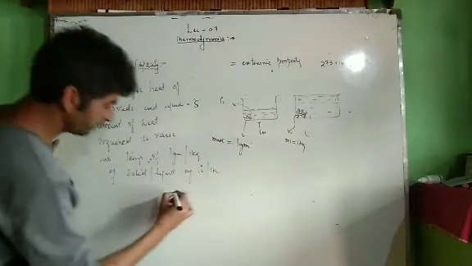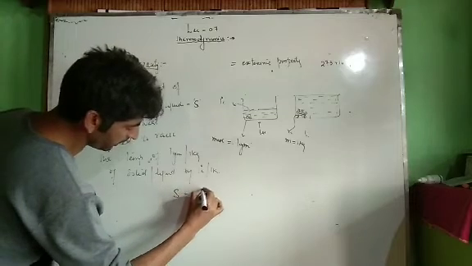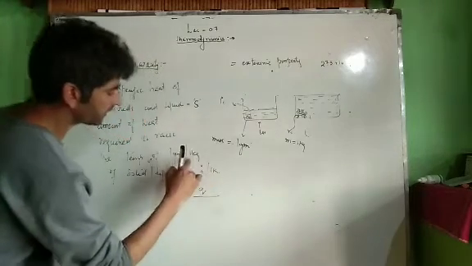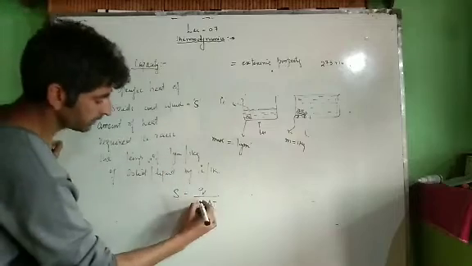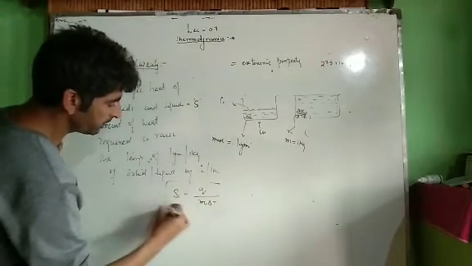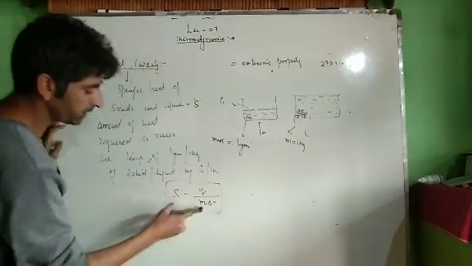Therefore, we will say S is equal to Q, the amount of heat required, divided by the temperature difference, del T, which is 1 degree, and the mass of the substance, M, which is 1 gram. So the definition gets a little bit modified, mass is to be included.